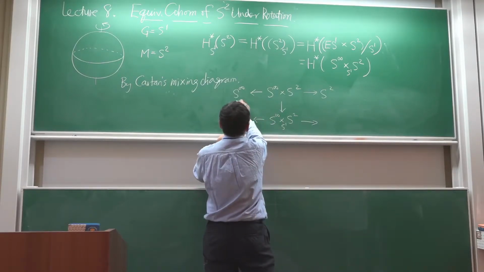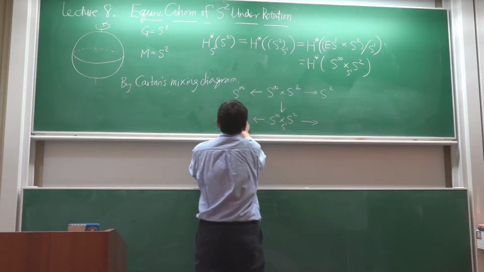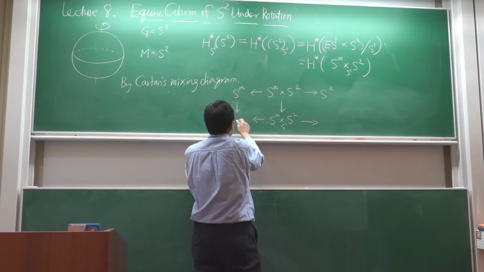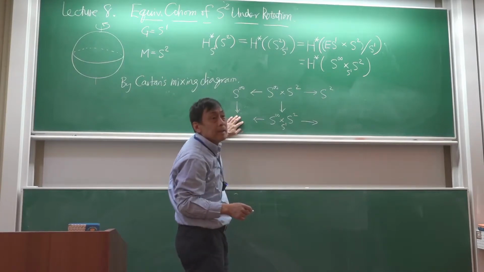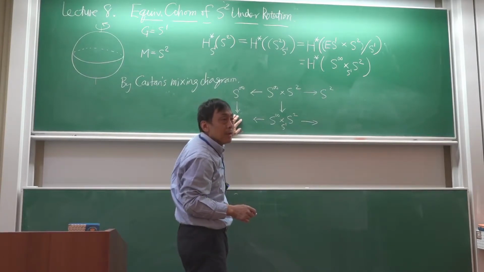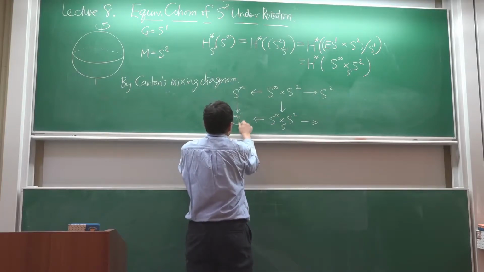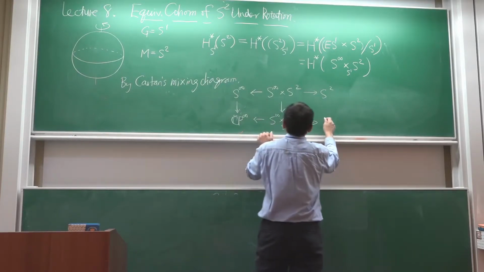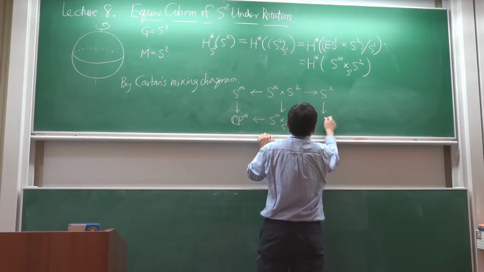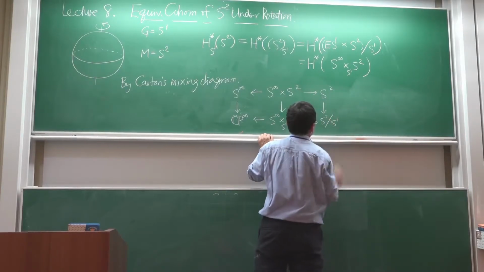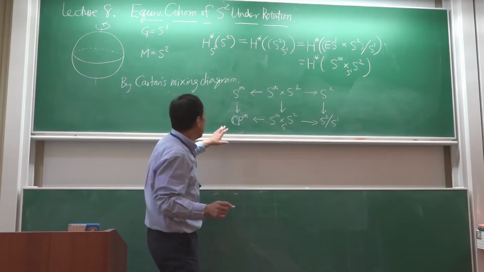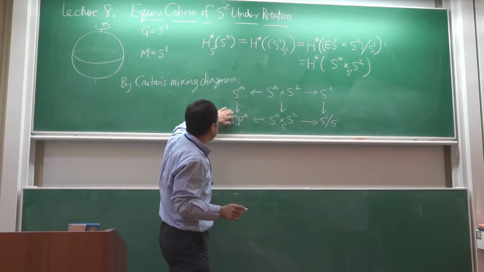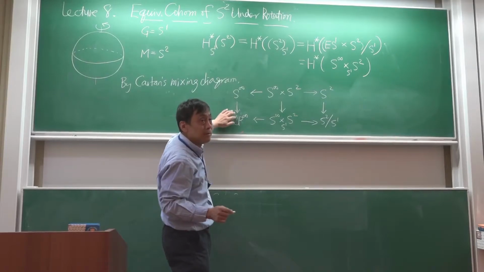This was S infinity to, what's the base of ES1? That's CP infinity, right? And then here you have just S2 over S1. That's Cartan's mixing diagram. And you know that this is a principal S1 bundle.